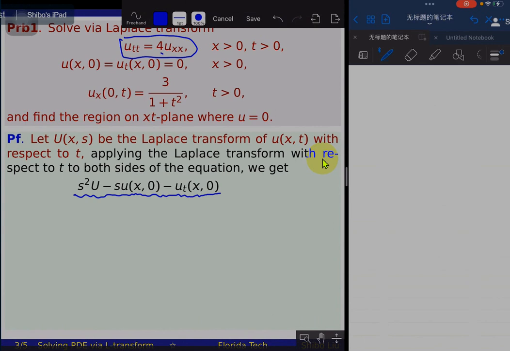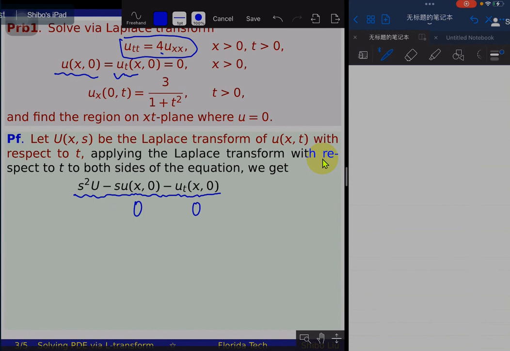Because our initial condition is that when t equal to 0, small u and the derivative of small u with respect to the time t are 0, these two terms are actually 0. This is why we apply the Laplace transform with respect to t. Those interested students can try to apply Laplace transform with respect to x for comparison. Anyway, the best choice for this problem is to apply the transform with respect to t.